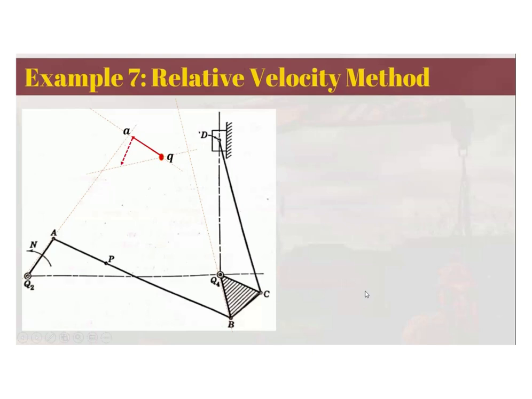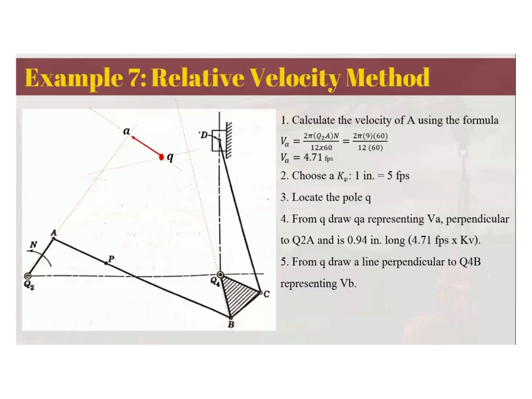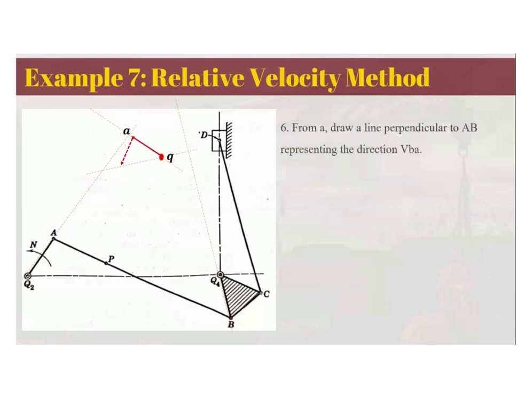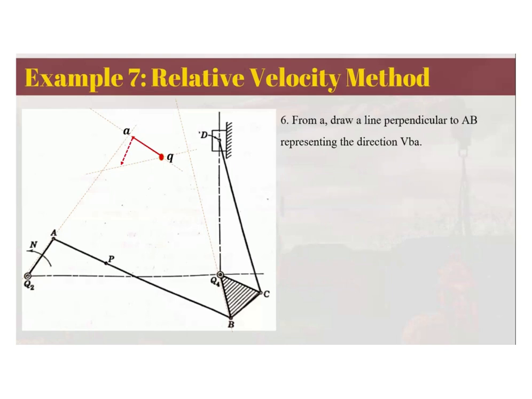Then to solve for B, what you're going to do is draw from A a line perpendicular to AB, representing the direction of the velocity VBA.